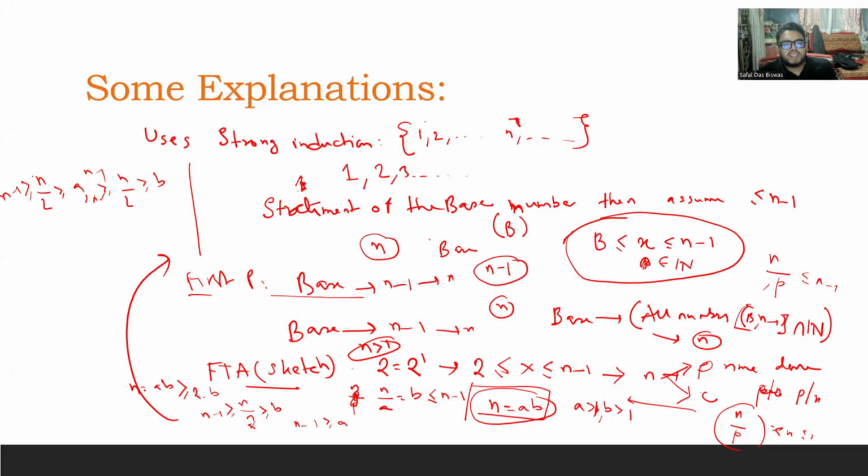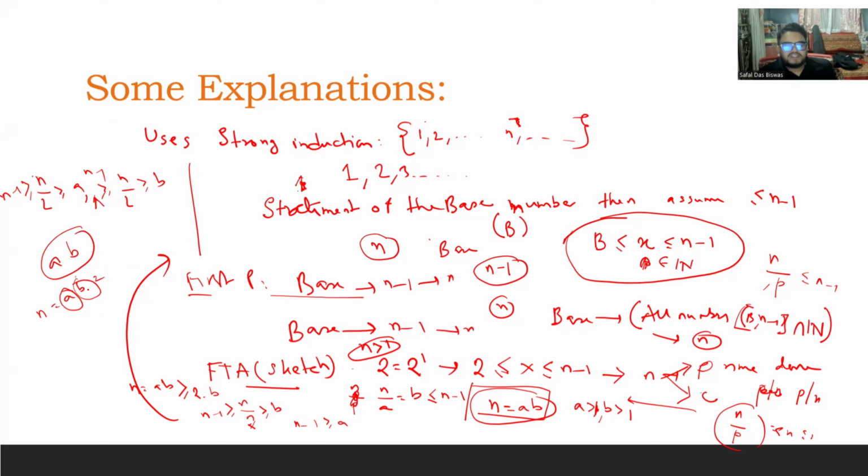So for these two, the problem is true by our assumption. So a and b have a prime power factorization by the induction hypothesis, and that means n equals ab can be written as the product of prime powers, because a can be written as a product of prime powers by assumption, and b can be written as a product of prime powers by assumption.